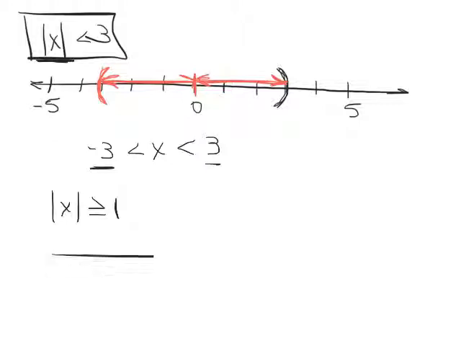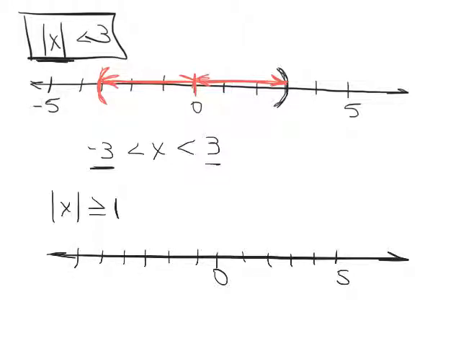On a number line again, my x value has to be greater than 1. So it has to either start here and go this way and include all those numbers, and it can also be equal to 1, right? Or it's going to start at -1 and go this way. It's going to be one or the other. So if the absolute value of x is greater than or equal to 1, it has to be a number further from 0 than 1.